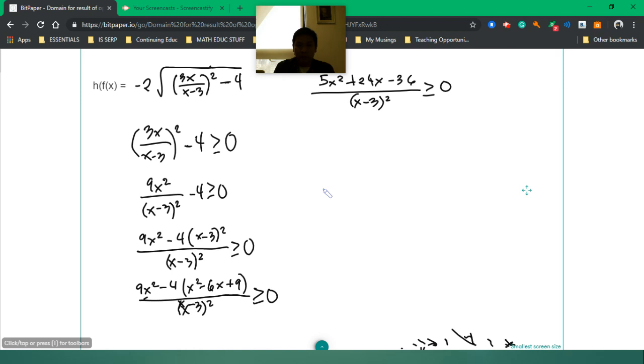So if you observe, our numerator is factorable. It's going to be 5x, then x here. This negative 36, the constant part, which is a 6 and 6.